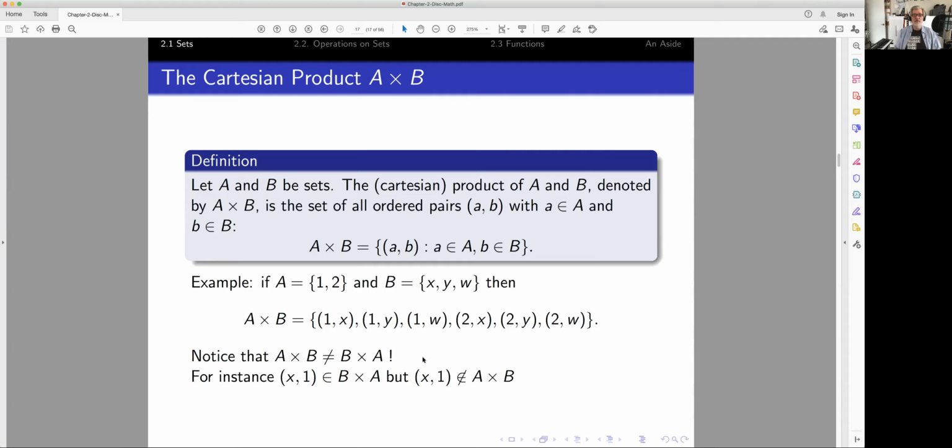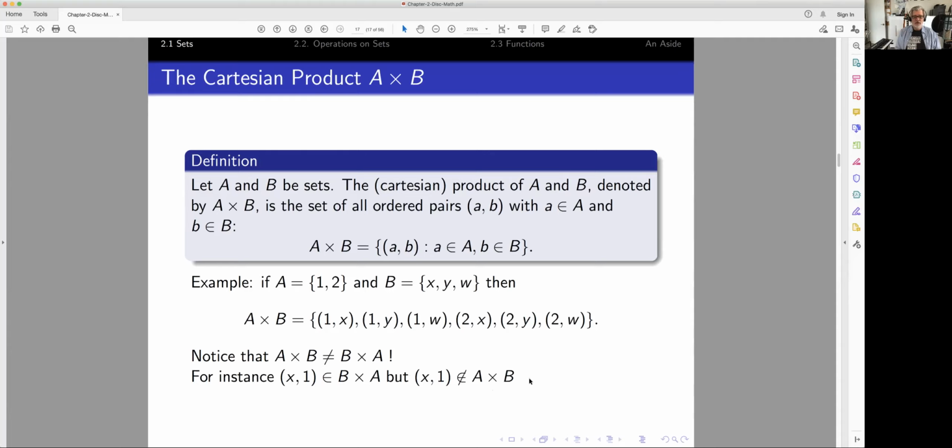I didn't compute B times A, but clearly B times A is not going to be the same thing as A times B. The pairs will all be flipped. I give an example here where the pair X1 is in B times A, but it is not in the product A times B.